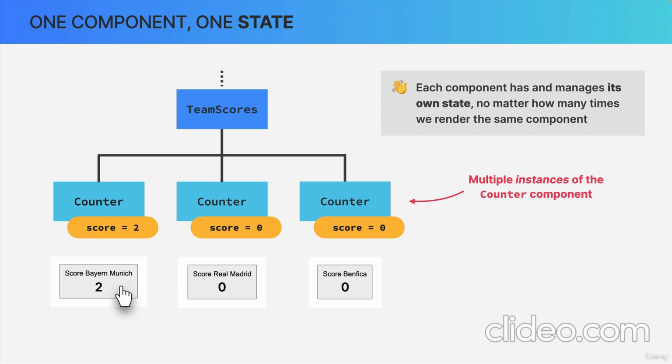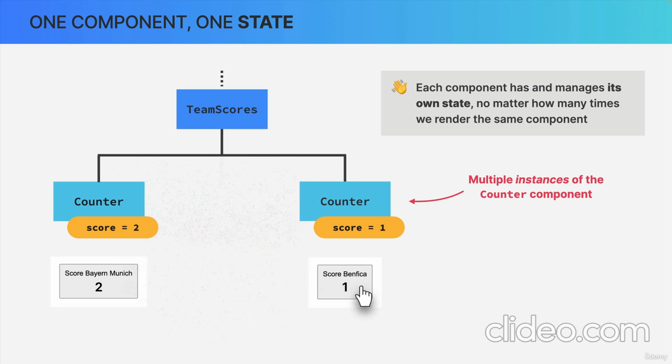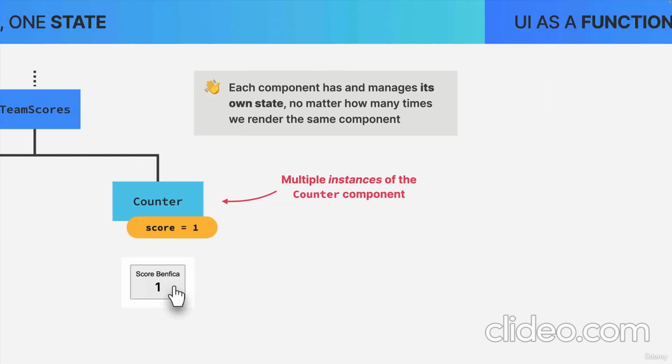So if we change the state in one of the components, that won't affect the other components at all. The same thing is going to happen when we click one of the other buttons, or even when one of the components is removed from the UI entirely. So state really is isolated inside of each component.